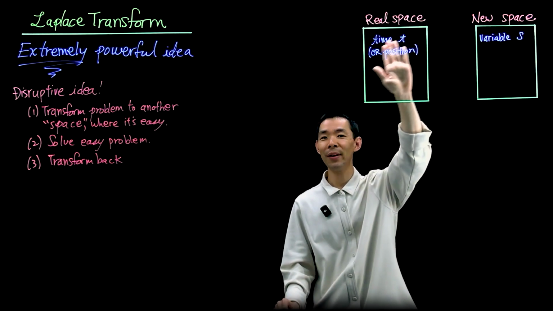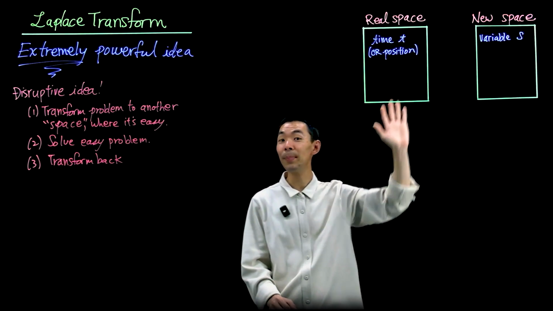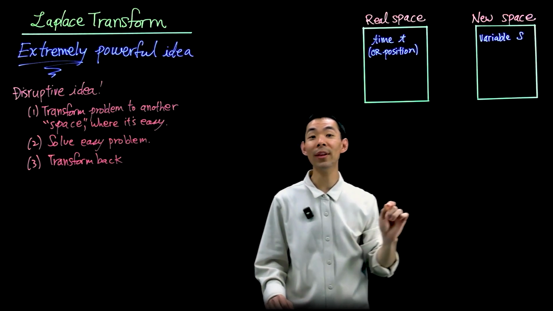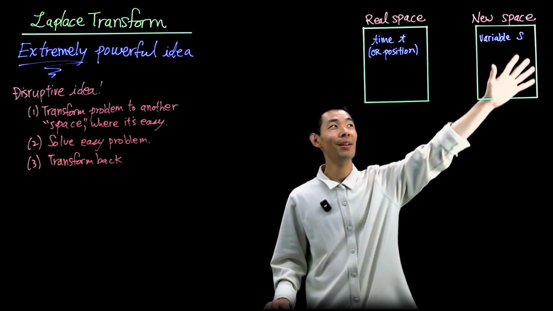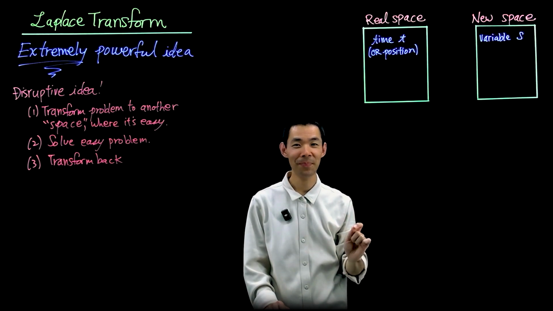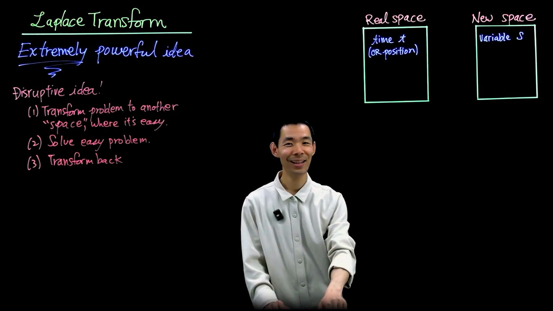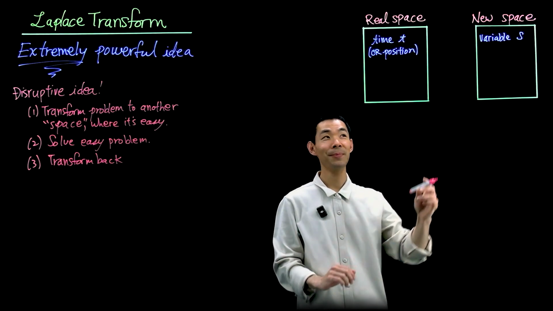We're going to take that variable, blast it into a new space, and we're going to transform it into a new variable called s, the letter s, and we're going to solve the problem over here where the equation became easier. So the first step is we're going to transform the problem from real space to a new space.